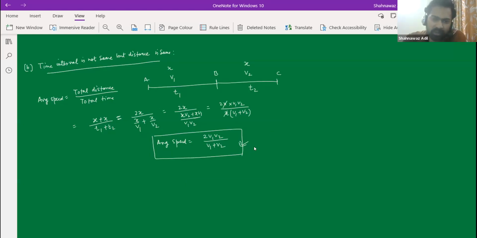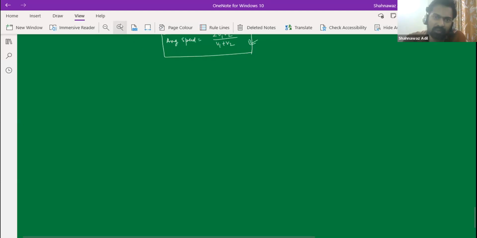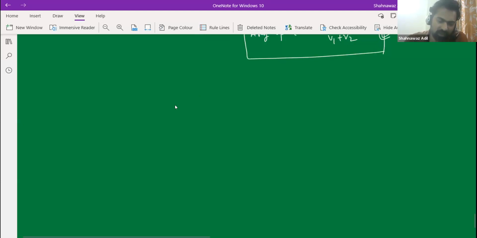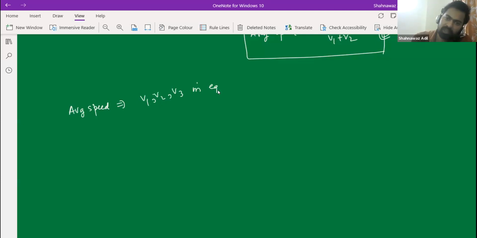Okay, now you guys do one calculation and then we'll move ahead. We know about distance, displacement, speed, velocity, instantaneous speed, instantaneous acceleration, and all those things. So you have to calculate the average speed for a three-part journey, where the speeds are V1, V2, V3 over equal distances.